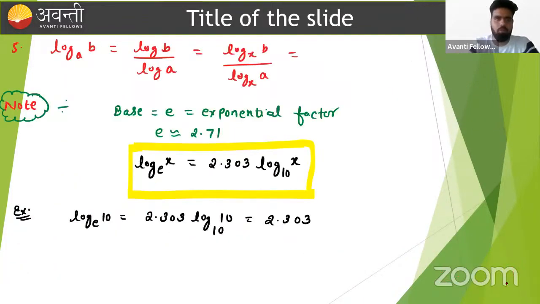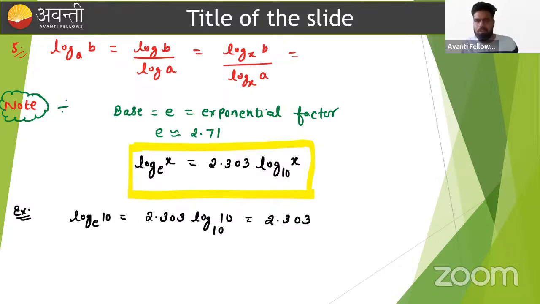Okay, let's move to another important property of the logarithmic function. If we want to change the base of the log, this is called the base change property. By using this property, we can change the base of the log. How? Let's see. If log b on base a is given, then this can be written as log b upon log a. How can we show this?